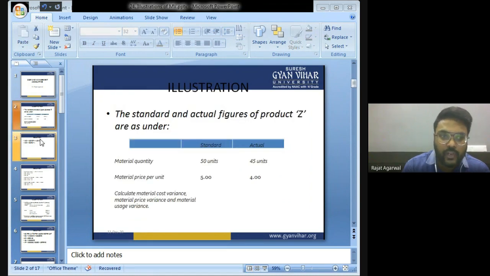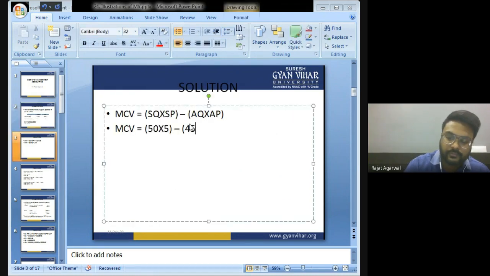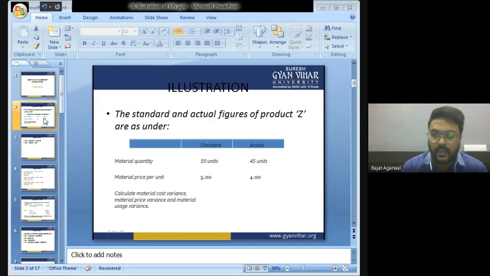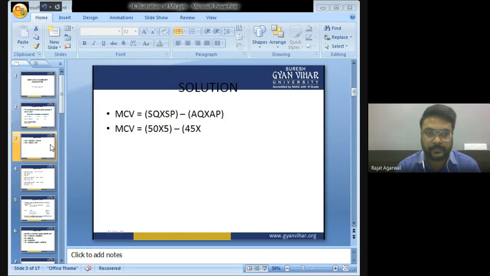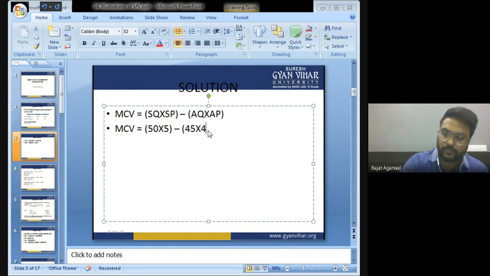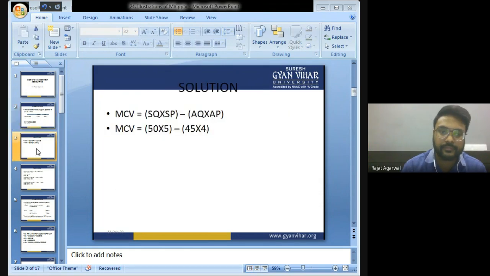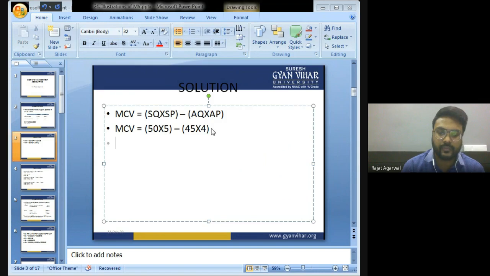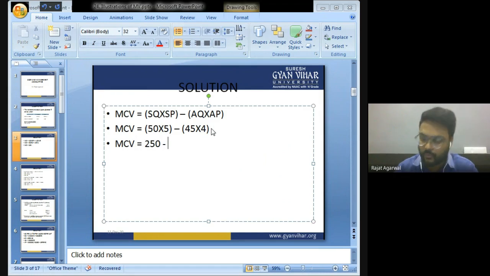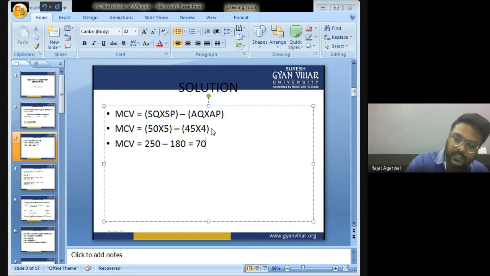Actual quantity is 45 units. Actual price is 4 per unit. Material cost variance equals 250 minus 45 into 4. 45 into 4 is 180. 250 minus 180. Answer is 70 favorable.